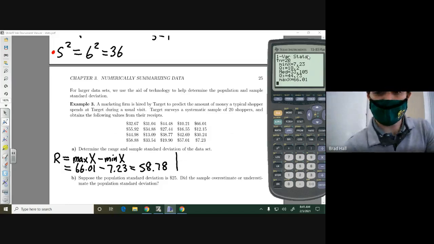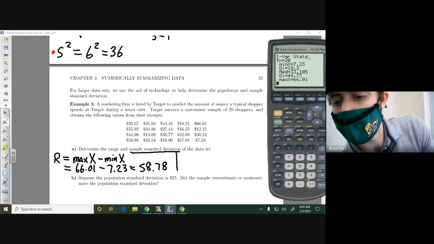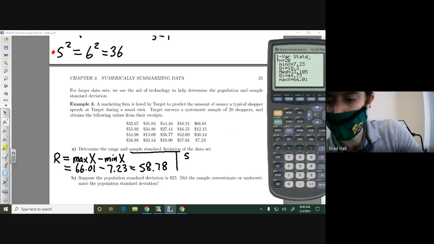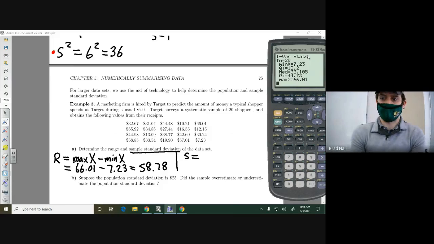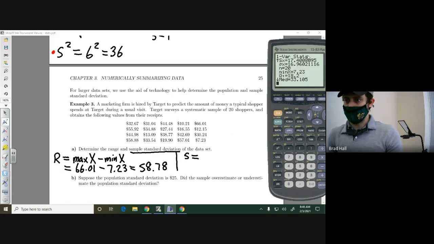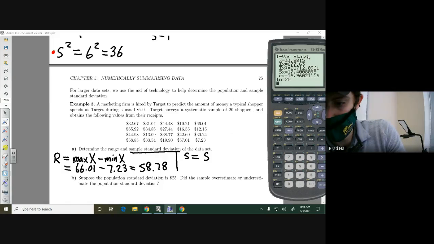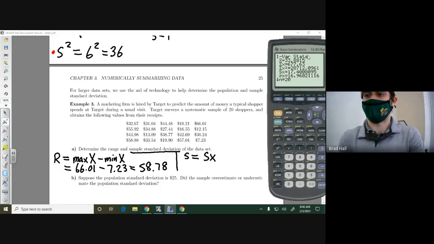Now the sample standard deviation, the notation we use for that is lowercase s. The value that this corresponds to is Sx in the calculator. It's the value that says Sx. That is the sample standard deviation.